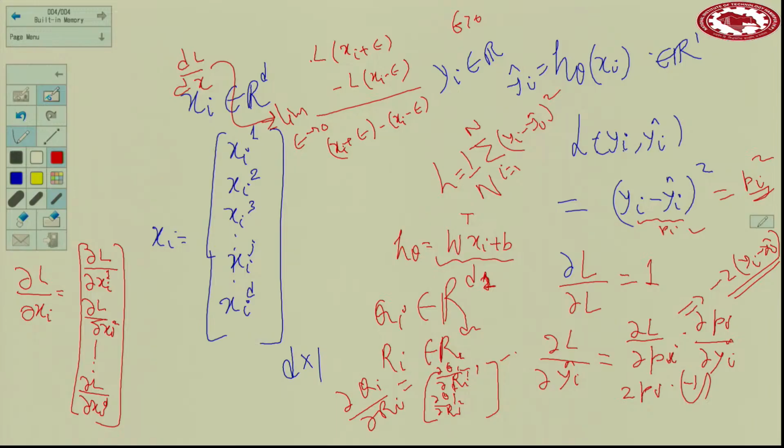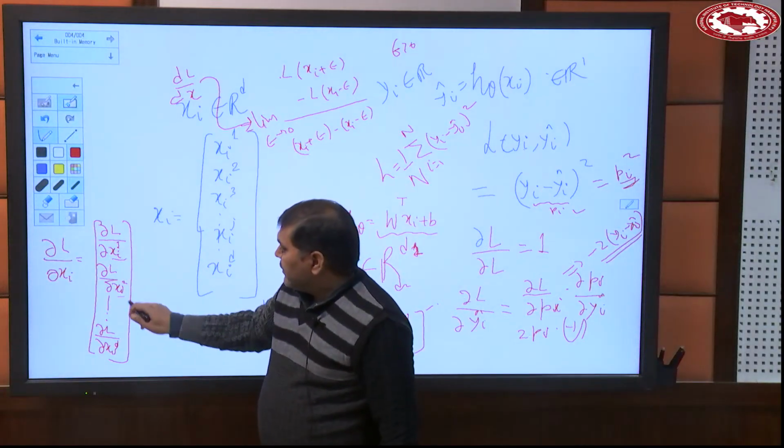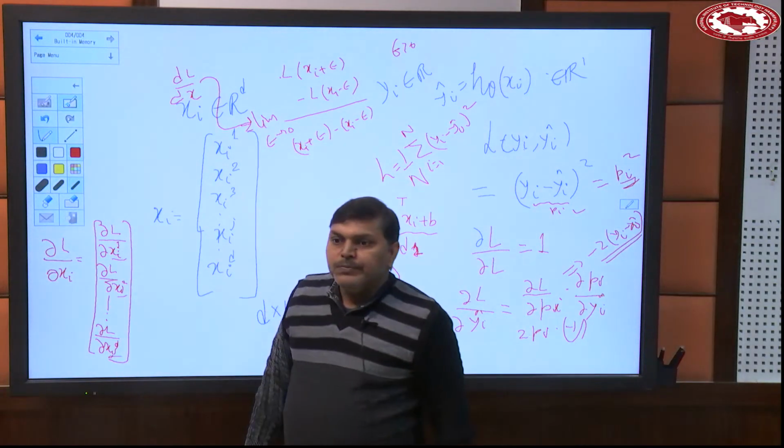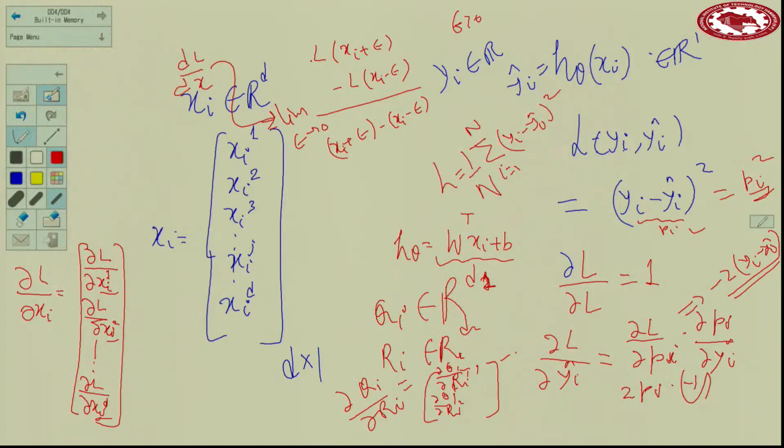For example, here you have a loss function and you have features. This is the first feature, this is the second feature, this is the dth feature. Given an input, you just see the change in the loss function. All of these will have different values. You see which one has the maximal change.